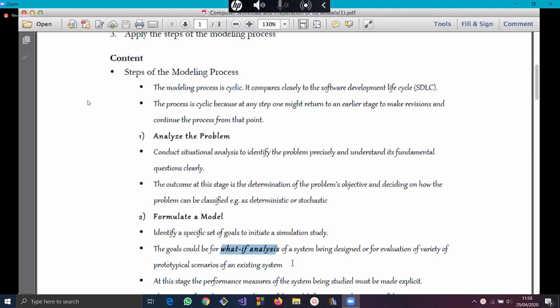So if you look at the what-if analysis, you can almost reflect it to the if statement in programming.